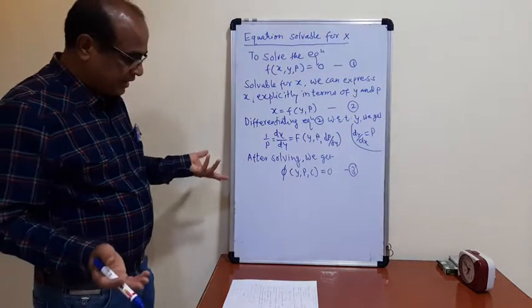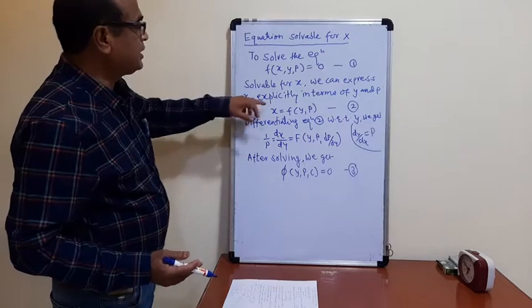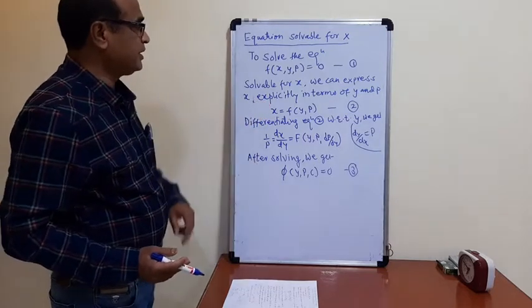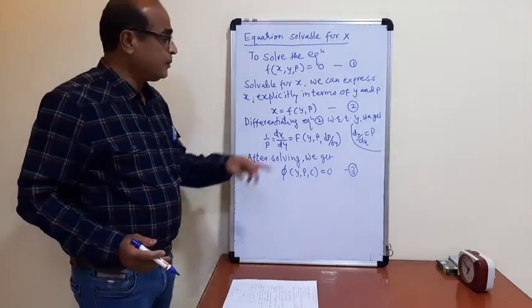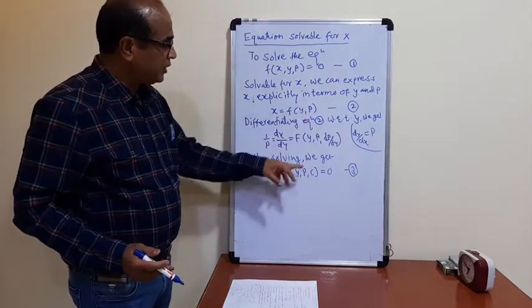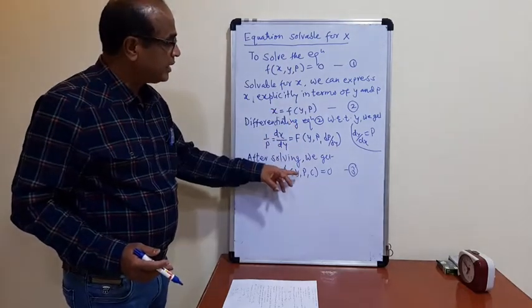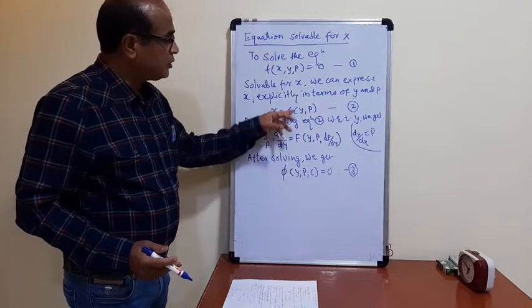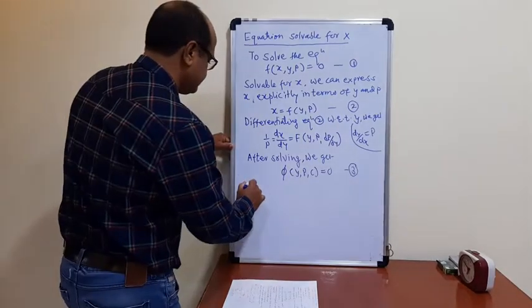So what is the required solution here? So this is equation number 2 and this is equation number 3. Then eliminating p from equation 2 and 3, we get the required solution.